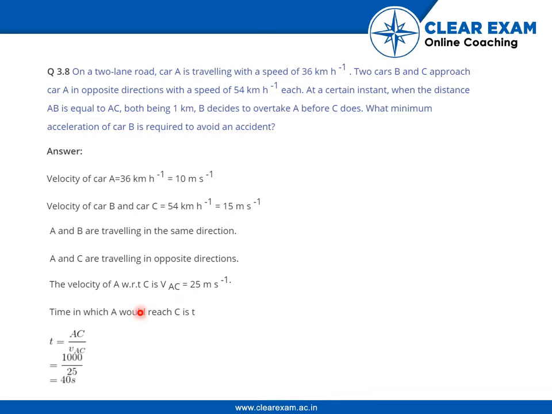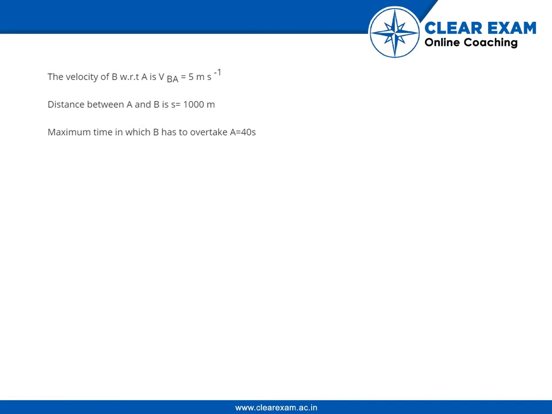Now putting it into the formula, where the distance is 1 kilometer or 1000 meter, we get time as 40 seconds. So 40 seconds is the maximum time in which B has to overtake A so that it can avoid the clash.